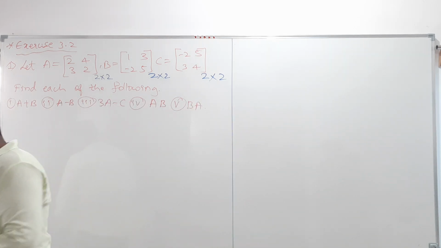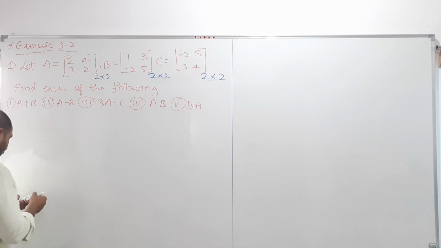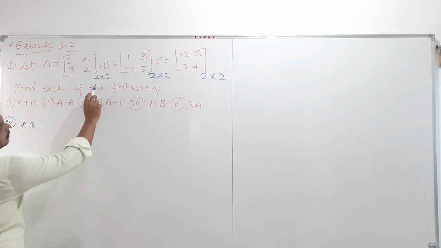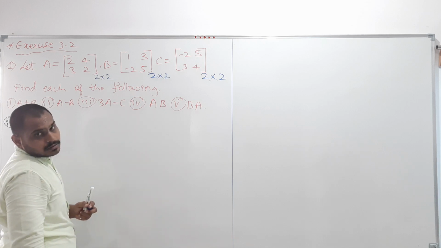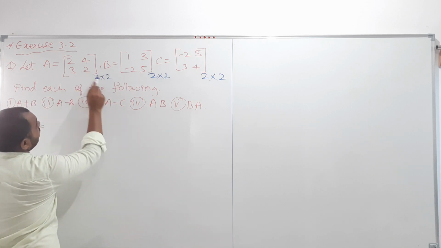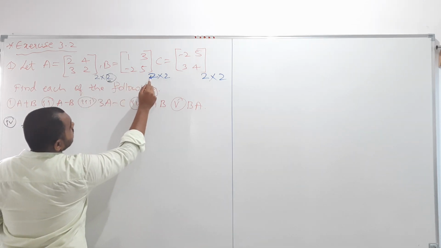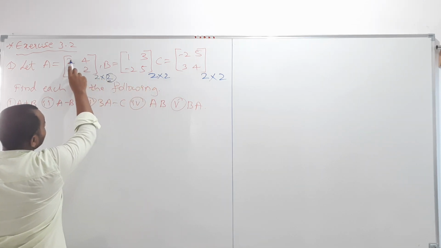So my dear students, you can check here. I wanted to multiply AB, that is the fourth one. Before multiplying this, I should check whether A and B are compatible. Clear? So here, how many rows are there? 2 rows. How many columns are there? 2.